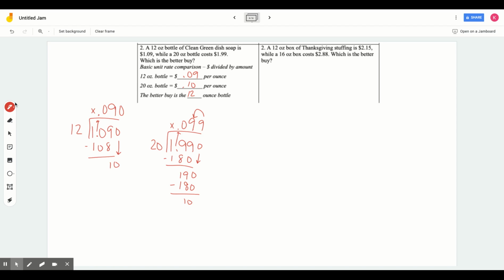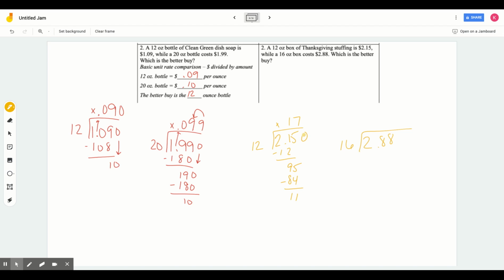Now on this last one, a 12-ounce box of Thanksgiving stuffing is $2.15, while a 16-ounce box costs $2.88, which is the better buy. Go ahead and set up your problems to find the better buy. As we're dividing, we know that 12 can go into 21 1 time. 21 take away 12 is 9, and 12 can go into 95 7 times. 12 times 7 is 84.